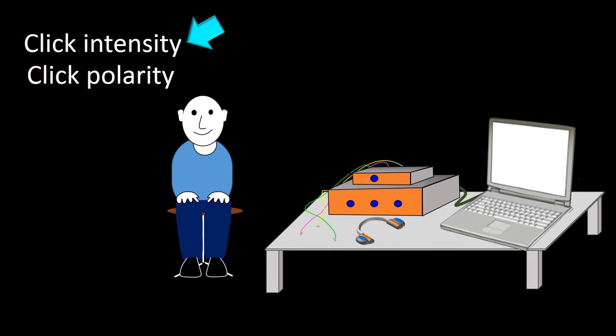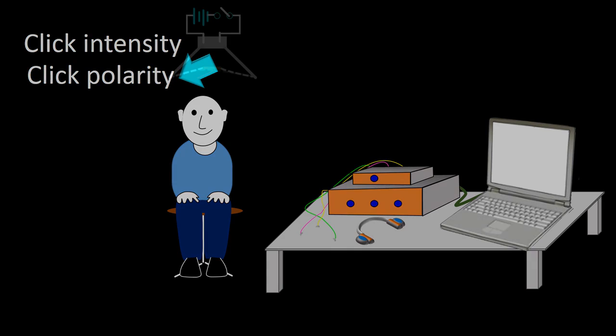In addition to intensity, polarity must also be checked. This used to be accomplished by examining the loudspeaker's diaphragm movement and its effect on the pressure it created on an artificial ear, which was measured by a pressure meter.